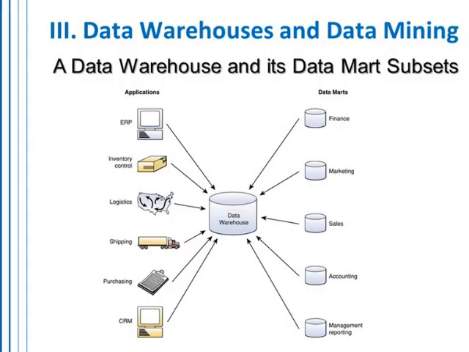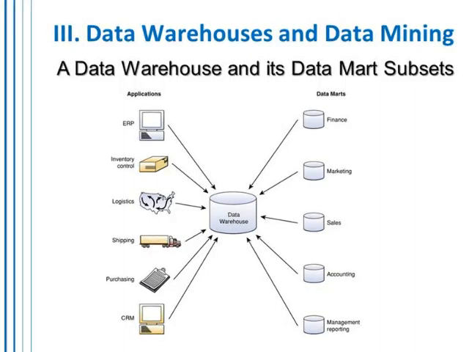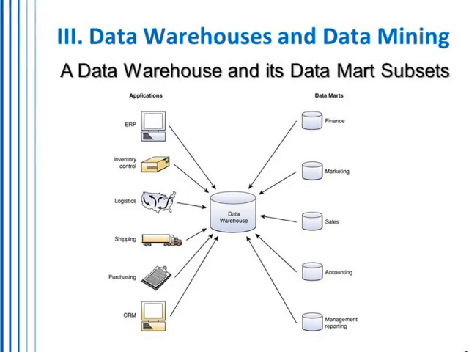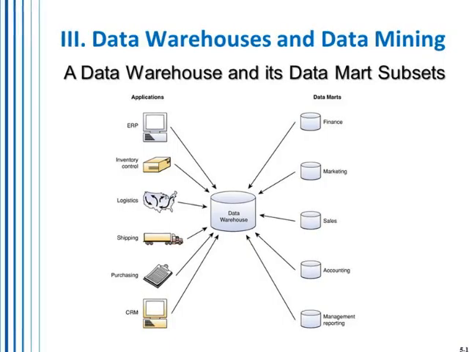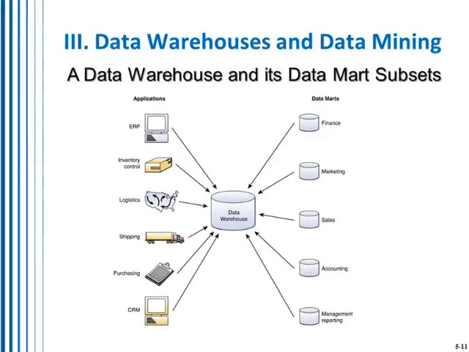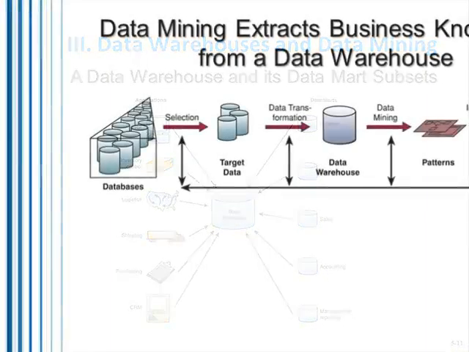All of the data from those different application databases go into the data warehouse. Then the data marts on the right-hand side of finance, marketing, sales, accounting, and management reporting systems extract the data from that data warehouse so that they can perform the analytics and decision making for the business.